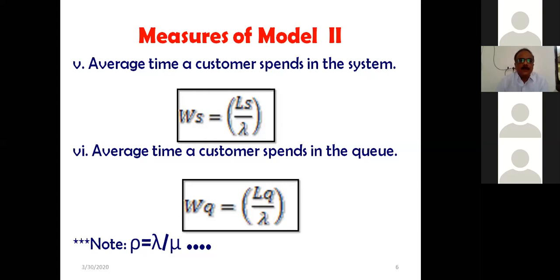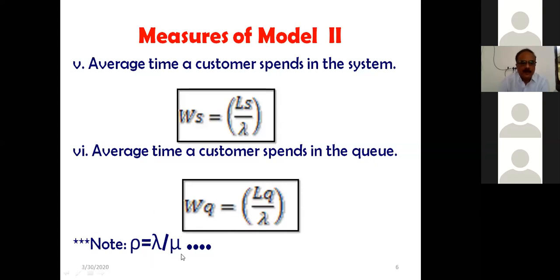That's why the average time a customer spends in the system is equal to LS, length of system, divided by lambda. Whereas the average time a customer spends in the queue, that means the case where we are not considering the time spent for getting the service, is given by WQ equals LQ upon lambda.